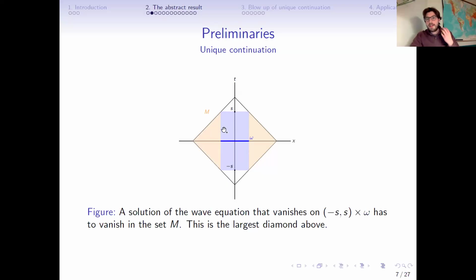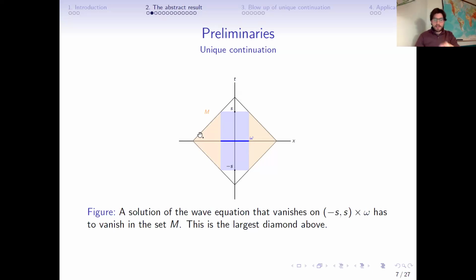And the important point about this result is that energy estimates still allow us to propagate uniqueness. So they are related in a way, but they propagate uniqueness in a space-like direction, in this direction. Here, the main point is that this allows us to propagate uniqueness in time-like directions.